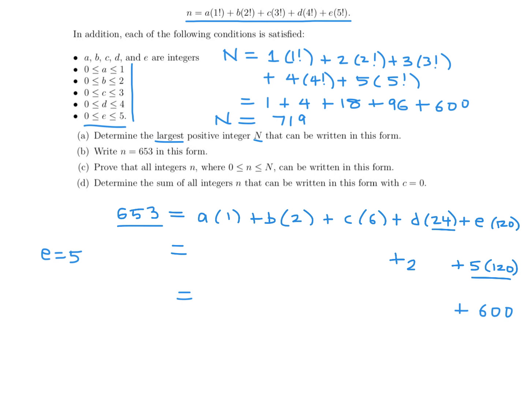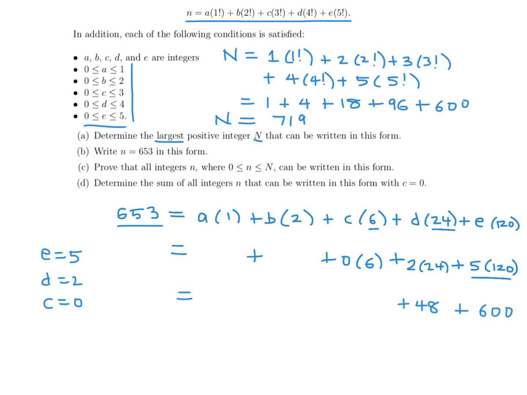So I think I can make that a 2, which is 48. Okay, so I've still got 53 minus 48, which is 5 left, correct? Okay, 5 left. Whoa, that's 6. So I think that C is going to be a 0 because I've made D a 2. If C was 1, it would be 6, and I only have 5 left.